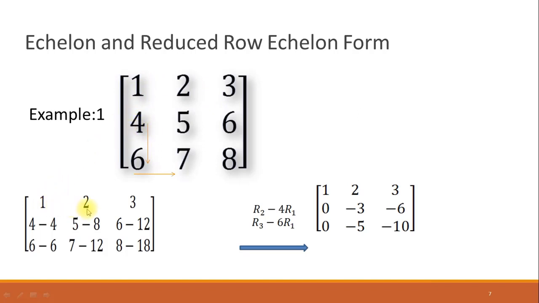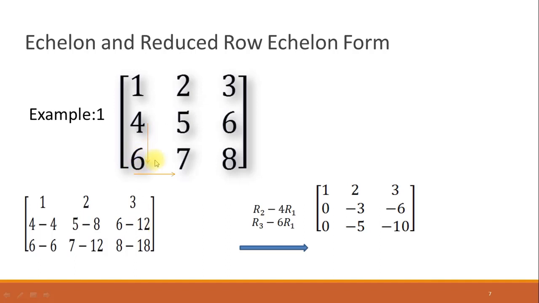We get 1 2 3. This is the first row and this is the second row. Multiply the first row by 4 and then subtract from the second row. Multiply 4 by this number and then subtract from -6.